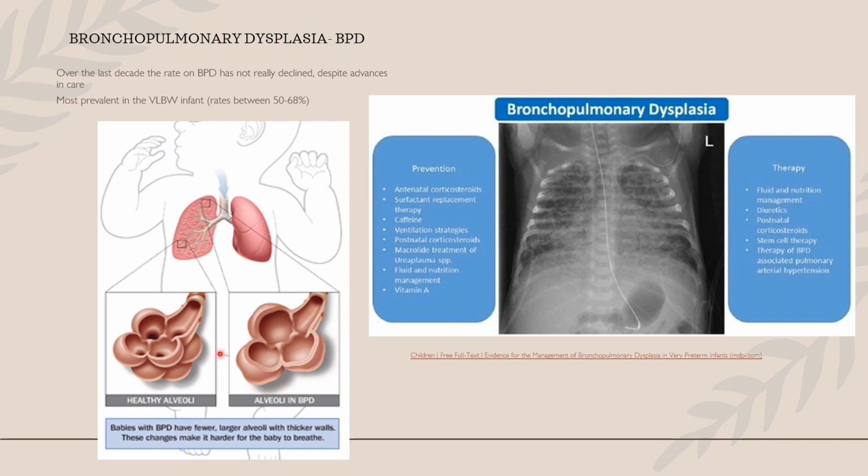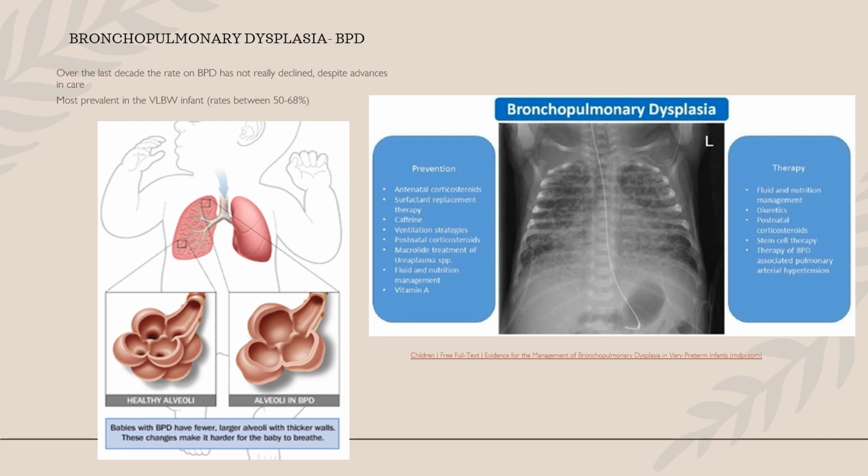So the mechanics of the old form of lung disease, of bronchopulmonary dysplasia, was definitely a different type of injury to the lung versus this new injury that is being caused, which really is a reflection of an interruption of normal alveolar development.